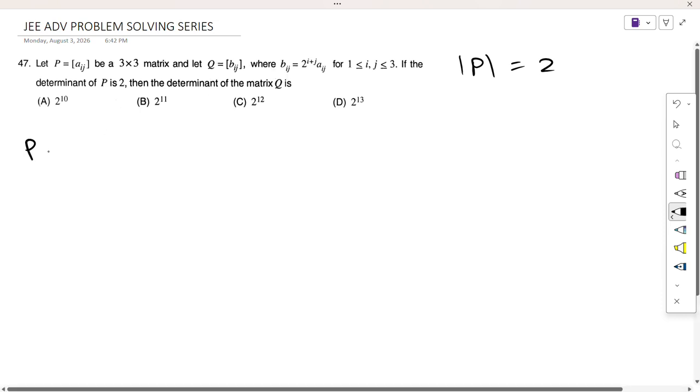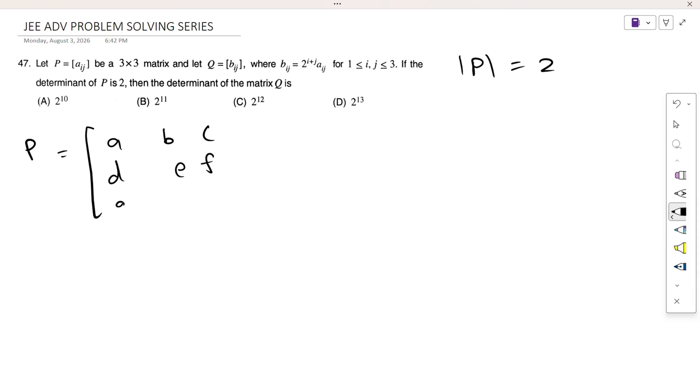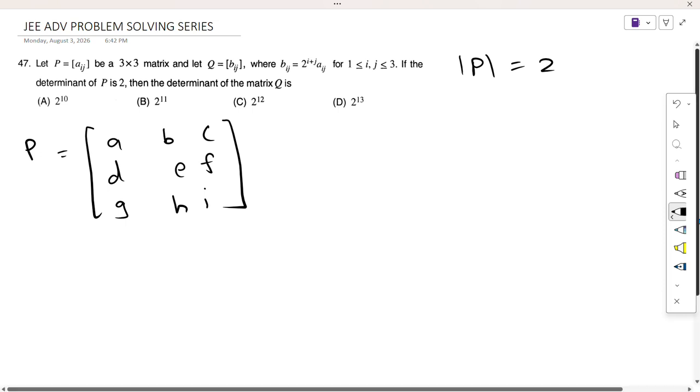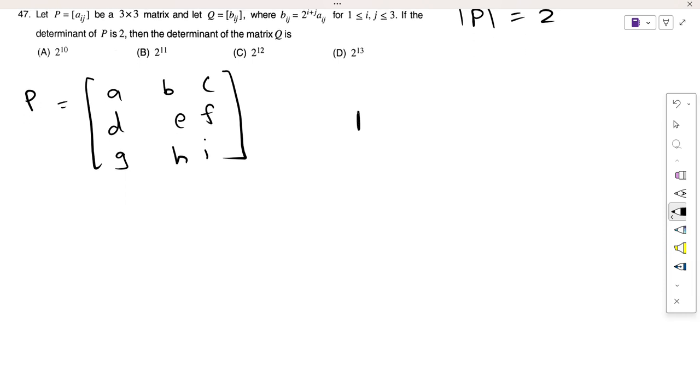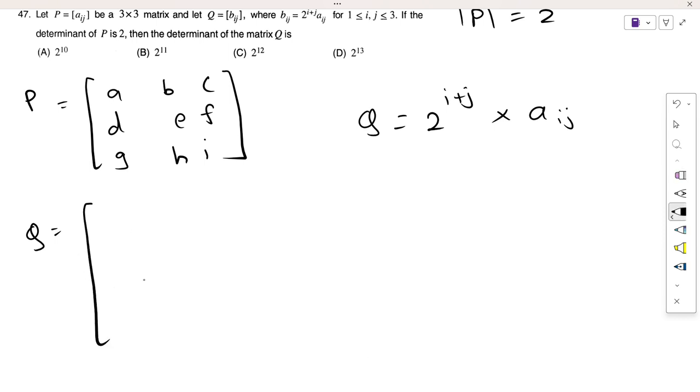So let us assume that matrix P is something like this: A, B, C, D, E, F, and G, H, I. Now, matrix Q, the entries in the matrix Q are 2 raised to I plus j times entries inside the matrix P. So I can write Q as now here I'll write the column and row name.